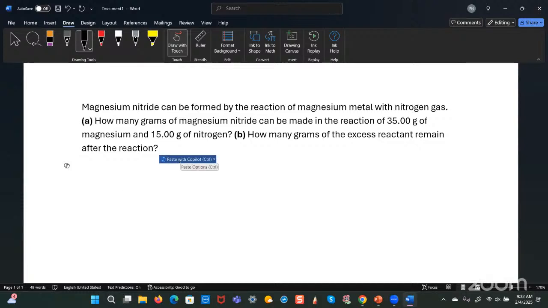Okay, so based on the information provided in the first line, what would be the reactants and what would be the products? Magnesium and nitrogen. Okay, so magnesium is one of the reactants, and nitrogen, which you should remember exists as what? N2. N2, exactly. And then the product is magnesium nitride. So the question now becomes, what's the formula for magnesium nitride?